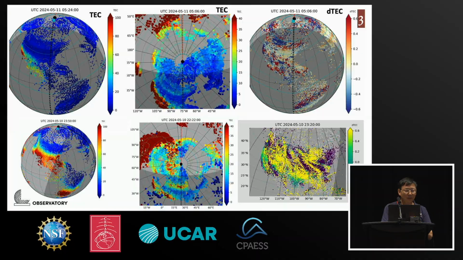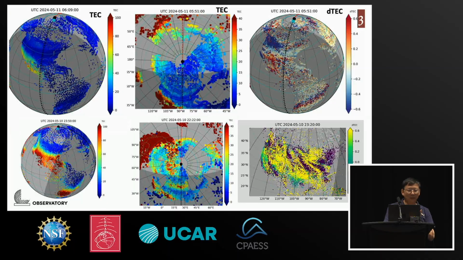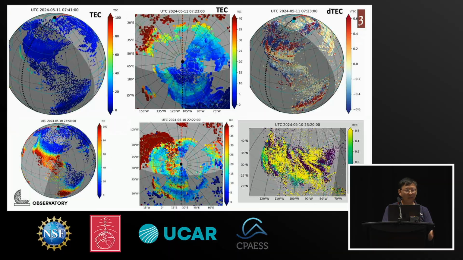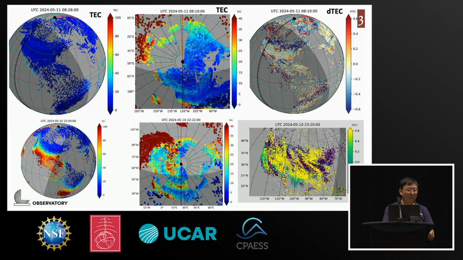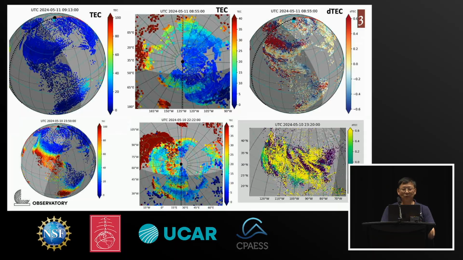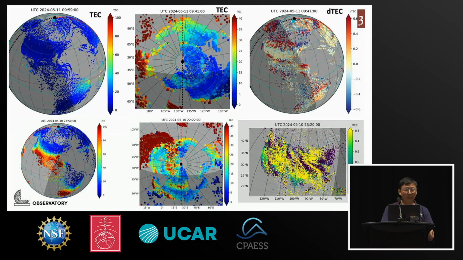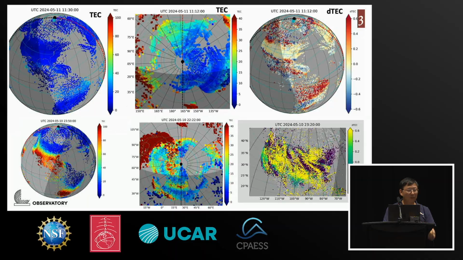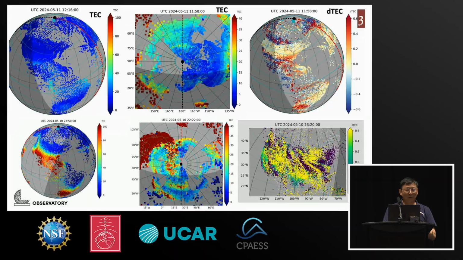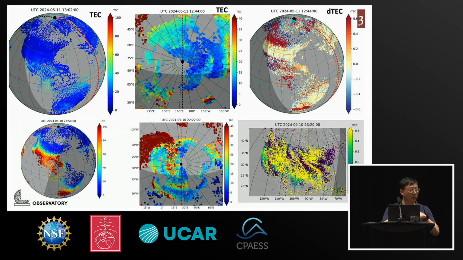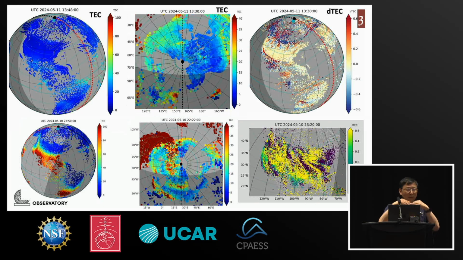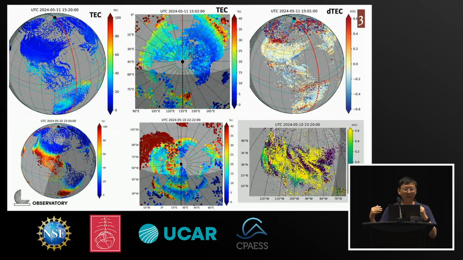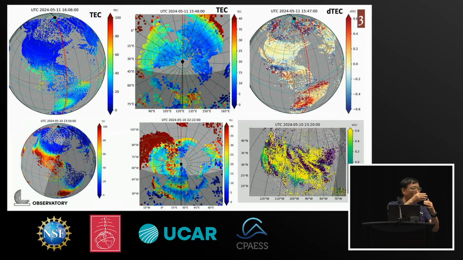That enhanced N2 will play an important role, a chemical effect to recombine with the O+. So that way you have reduced O+, and that can provide a physical mechanism to reduce the plasma density in the dayside tongue of ionization region, so that you cut the TOI into patches.